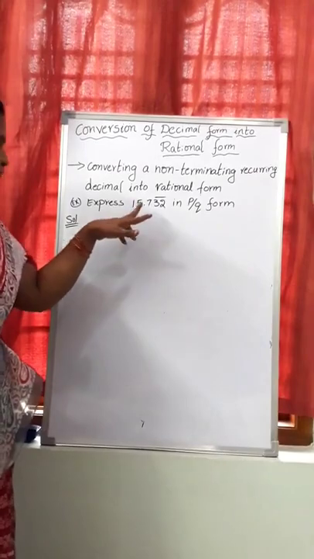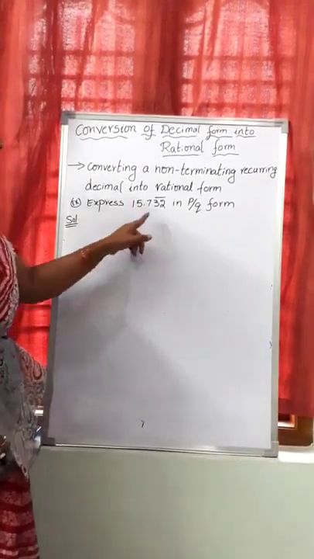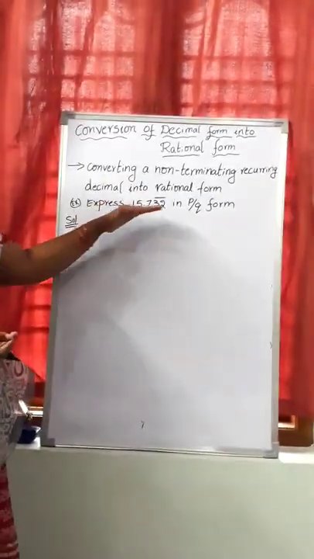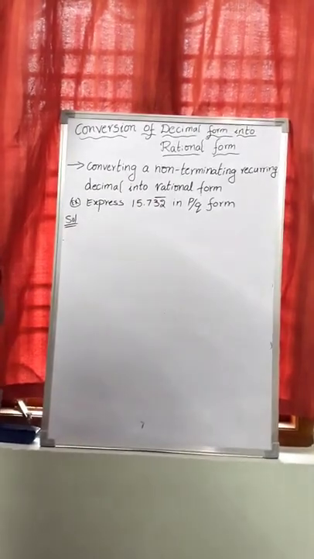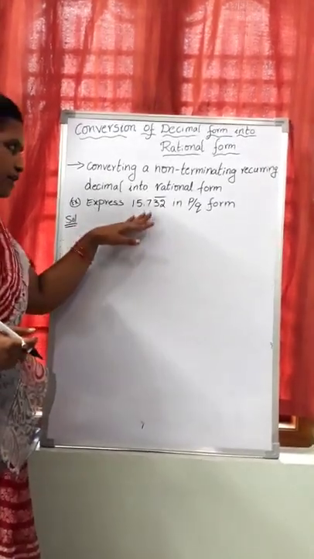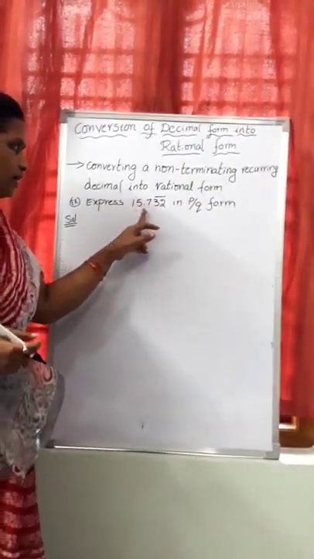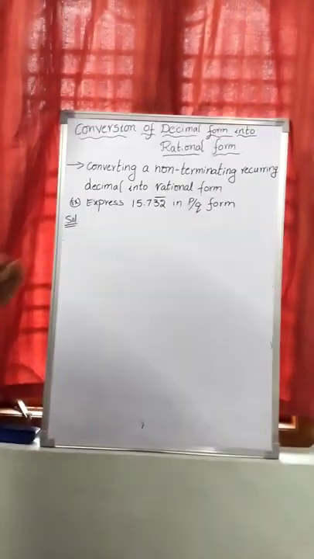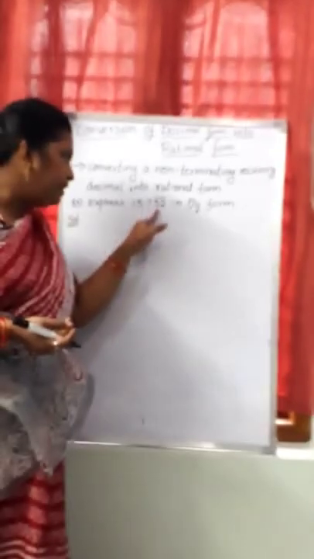Now see this question. Express 15.732 bar in p by q form. Now observe the decimal number carefully. Here we have 3 decimal places after the decimal point, but the periodicity is only 2.